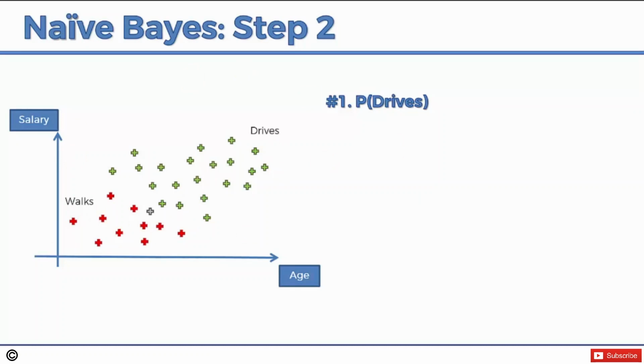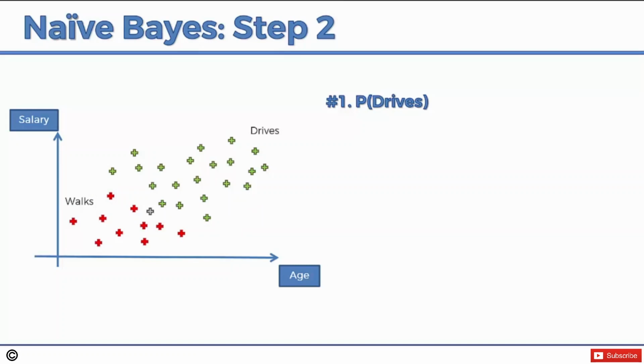The other way to think about it is if I just randomly throw a new data point into our dataset, without knowing anything about their age or salary, and just knowing all of this prior information that we have, the green dots and the red dots, what is the likelihood of that person to be a person who drives to work?